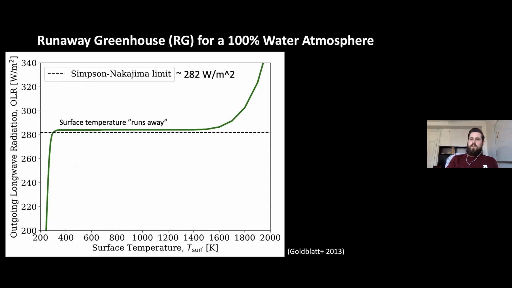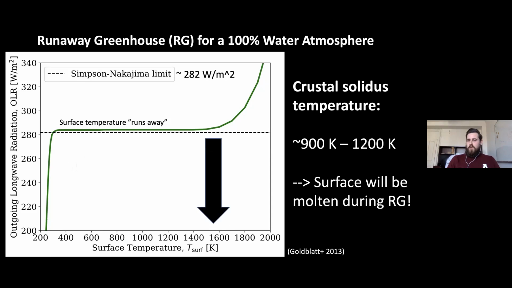This is not only important because it means all the water will have evaporated and be in a steam atmosphere, but it's also important because the solidus temperature of the Earth's crust, the temperature at which the crust will melt, is in the range from about 900 Kelvin to about 1200 Kelvin. On this diagram, you can see these runaway greenhouse temperatures are much higher than that.